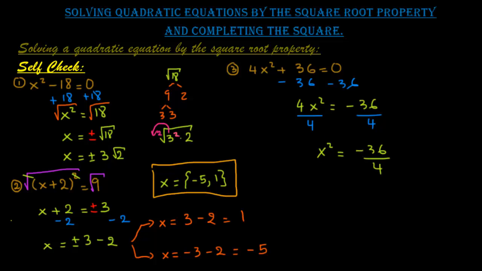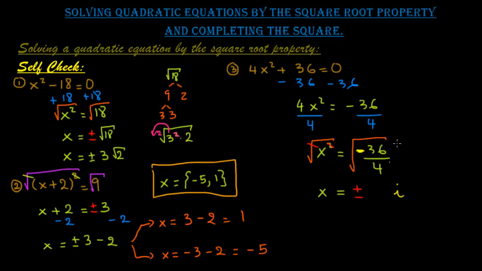Now to get rid of the square, we have to take the square root on both sides. So we have x equals, don't forget the square and square root cancel out, plus and minus the square root of negative 36 over 4. The negative inside the square root will turn into the i.